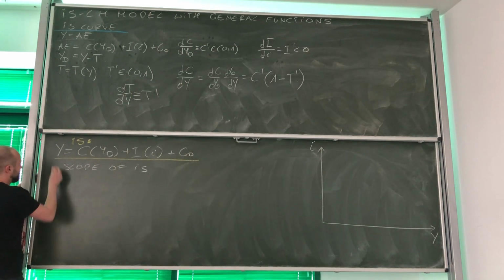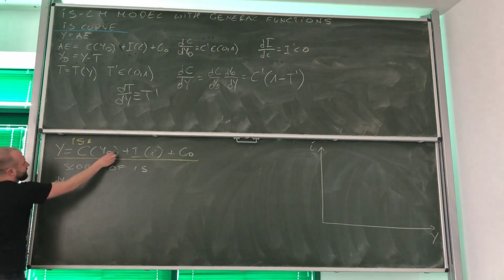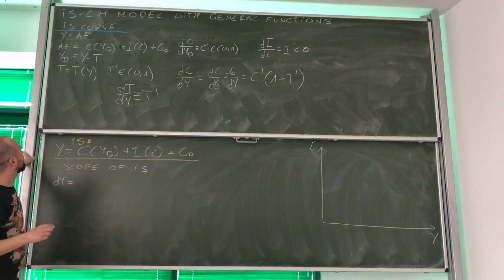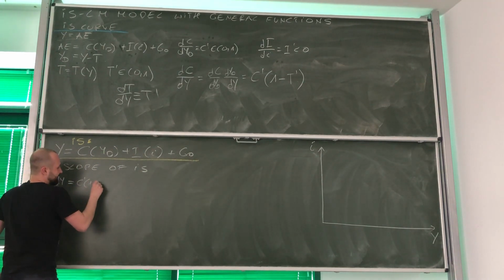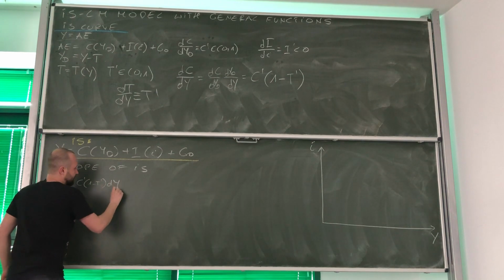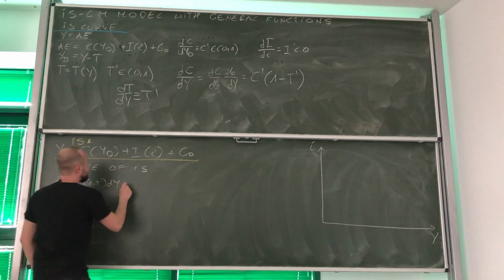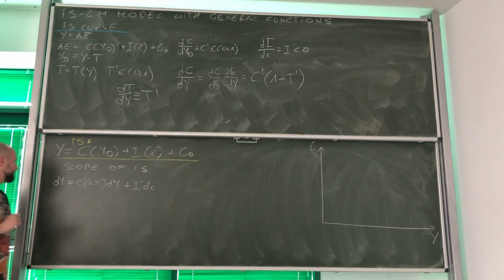So, let's do it. We've got that dY is equal to the derivative of this with respect to income times the change in income. So, C prime (1 minus T prime) dY, right? Then plus I prime times di, right?